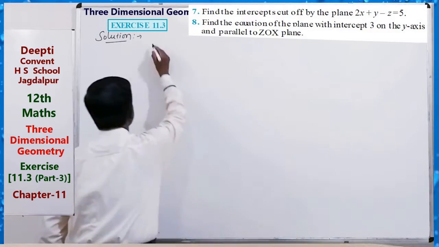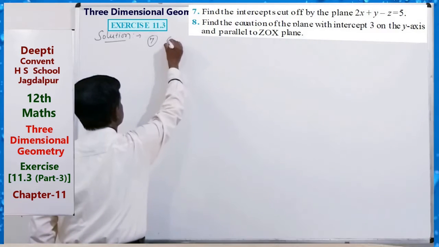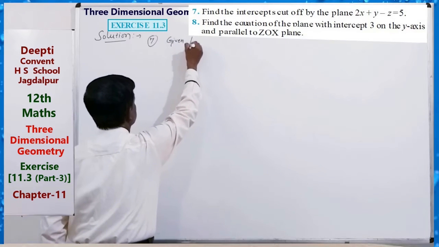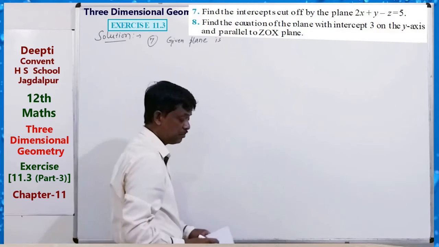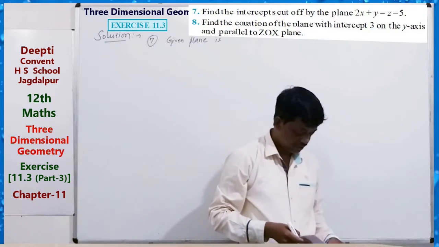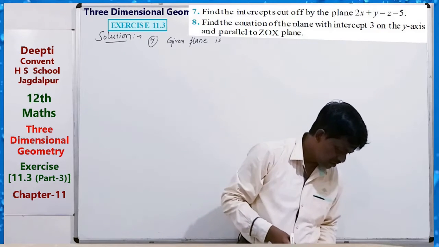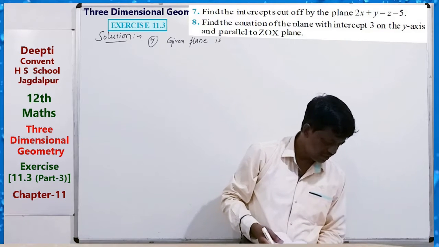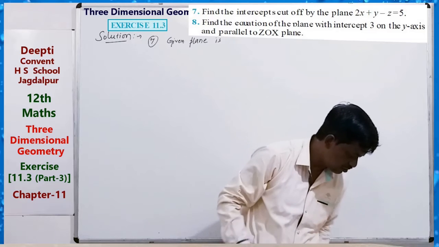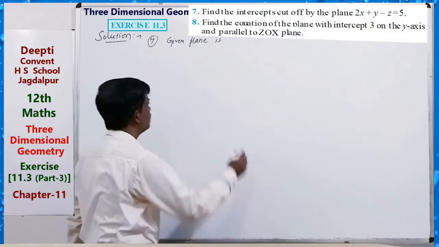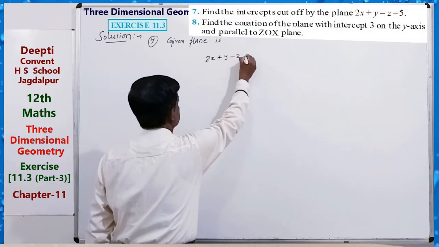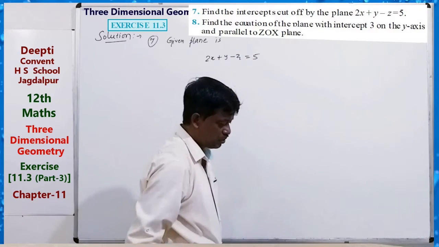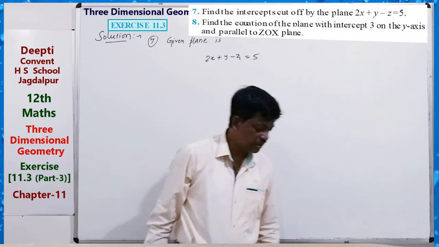Here, question 7, the given plane is 2x plus y minus z equals to 5.